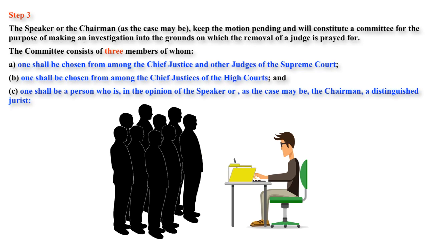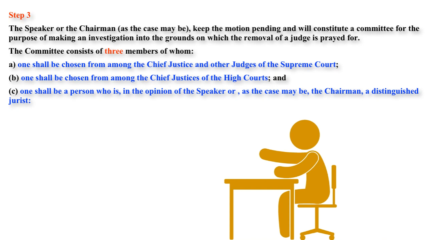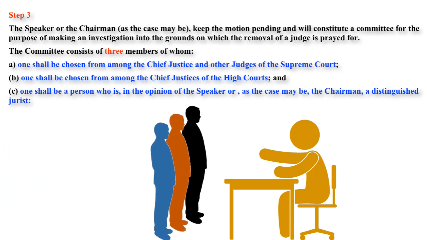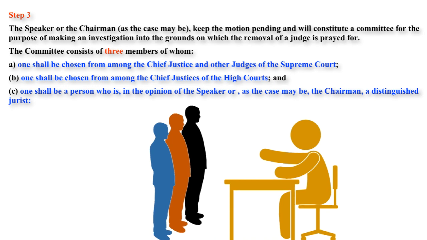Step 3. The Speaker or the Chairman, as the case may be, keeps the motion pending and will constitute a committee for the purpose of making an investigation into the grounds on which the removal of a judge is prayed for. The committee consists of 3 members, of whom a. One shall be chosen from among the Chief Justice and other judges of the Supreme Court. b.